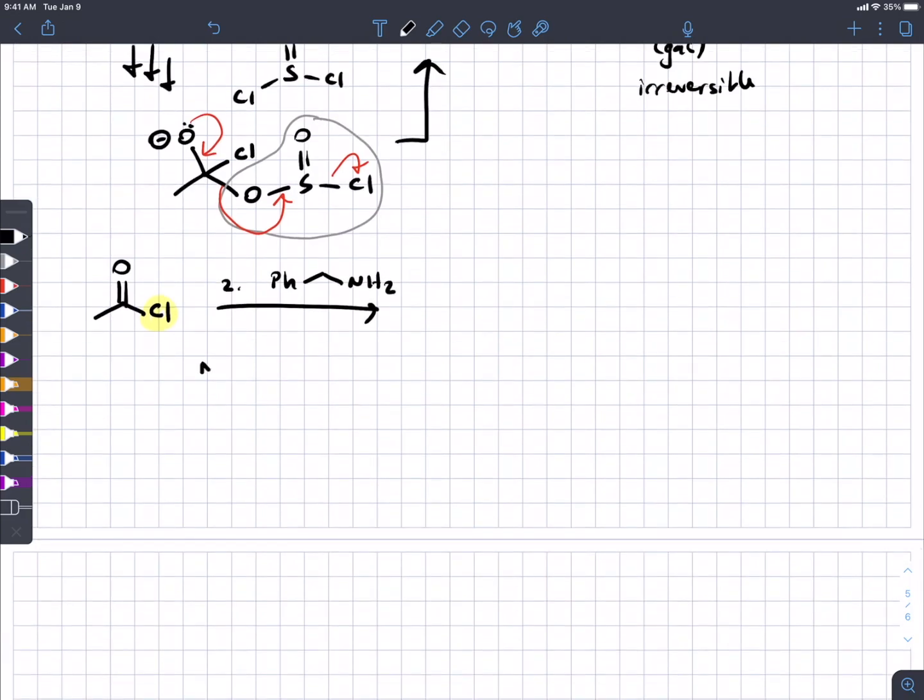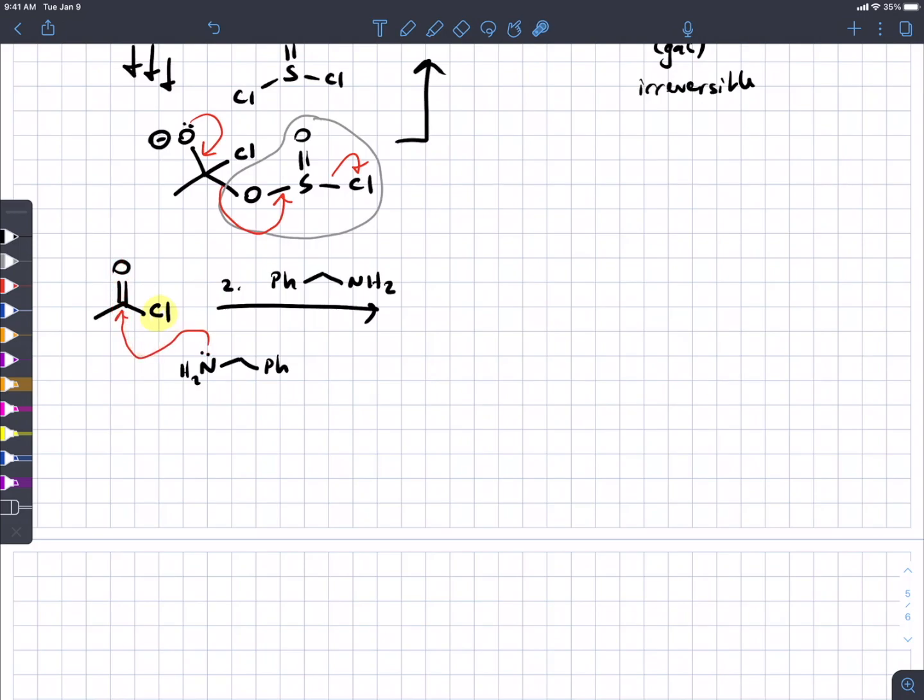Now, I will show you the mechanism of this reaction, but it should look familiar, and you should be able to figure it out on your own at this point. The acid chloride is reactive enough for the neutral amine to attack directly. Before, we would have thought about using an acid catalyst to activate the carbonyl for attack by a neutral nucleophile.